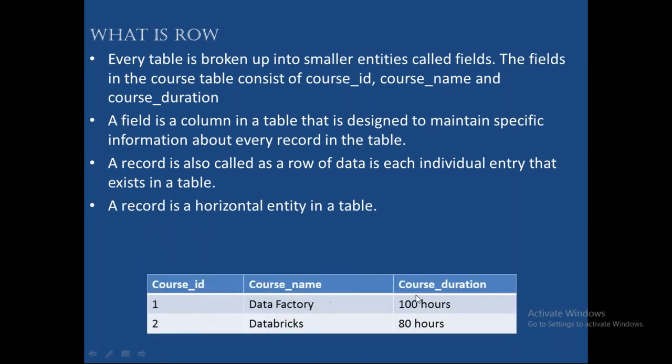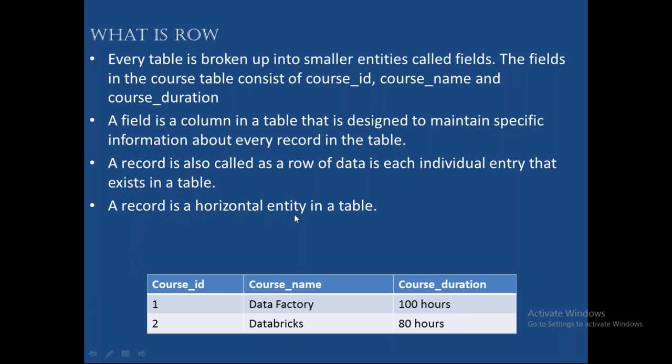This is one row of data, which is each individual entry that exists in a table. This is one record. The second one is one more record. Now, record or row, both are the same. Remember, don't confuse between the words. Row means this is the row, or you can call it a record as well.